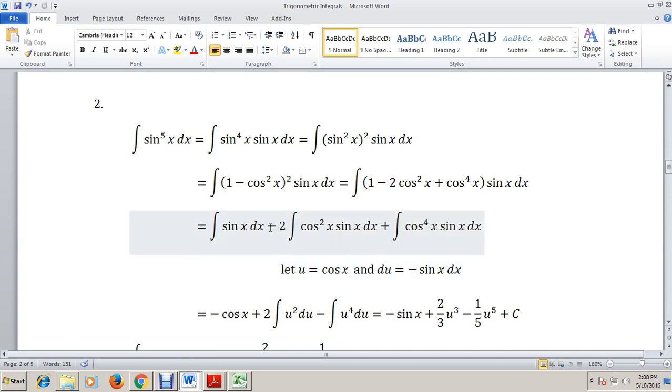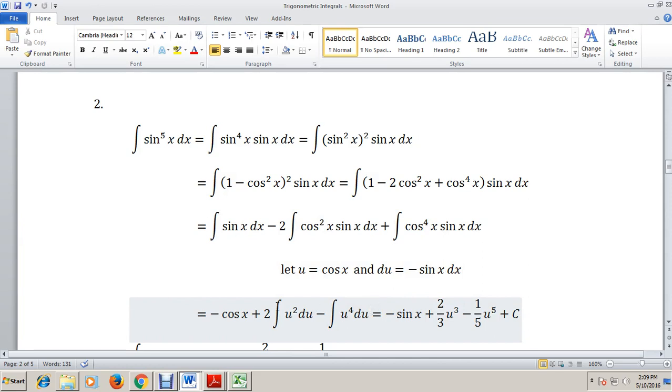So negative 2 becomes positive 2, and this becomes 2 times the integral of u squared du. Applying the same substitution for the third integral, cosine raised to 4 becomes u raised to 4, and sine x dx is negative du.